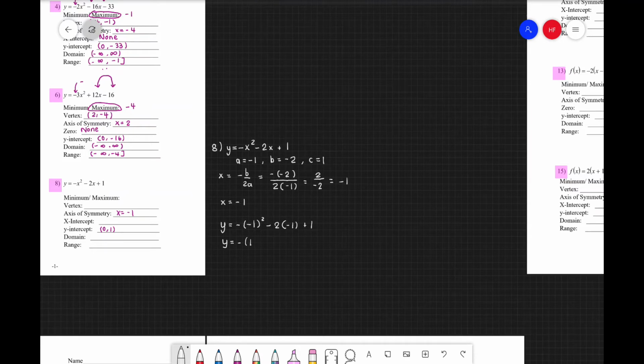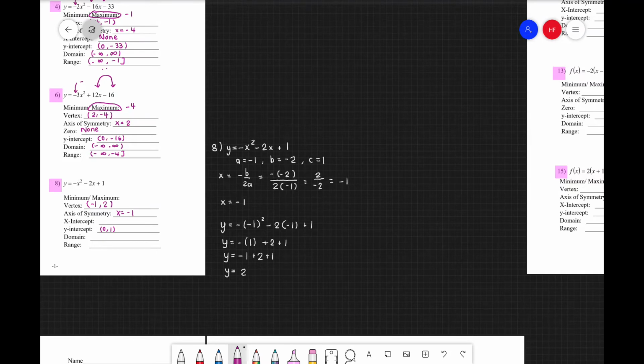So we have a negative 1 times 1 minus negative 2 times 1, negative 1, which is a positive 2, plus 2. So negative 1 plus 2 plus 1, which gives me 2. So my x value is negative 1, my y value is 2, so it gives me my vertex, negative 1, 2.